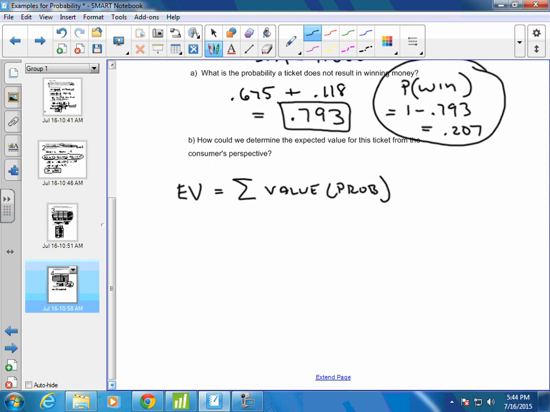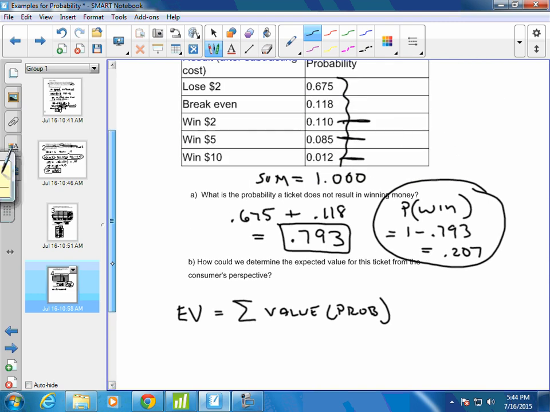So what that means in this case is if we go back and look at that table, this top row here, if the player loses $2, we're going to call that a -2 for the value. So to start my expected value, it would be a -2 times that probability, which is listed in the table as 0.675.